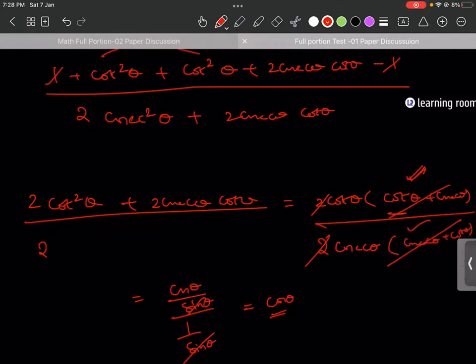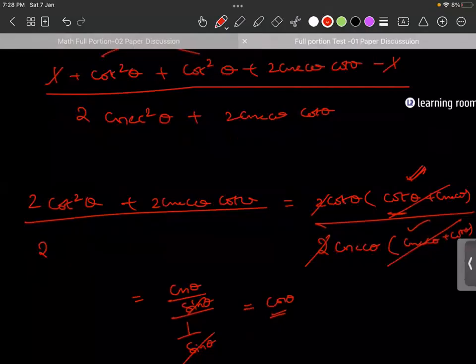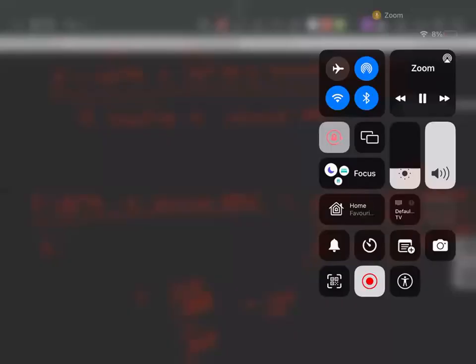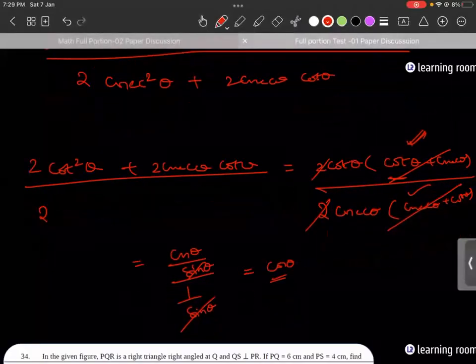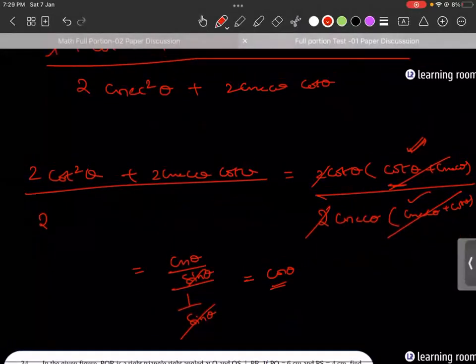If you're able to crack it, you'll be able to solve the problem faster. Is the point clear? Yes, sir. Shall I proceed? Yes, sir.